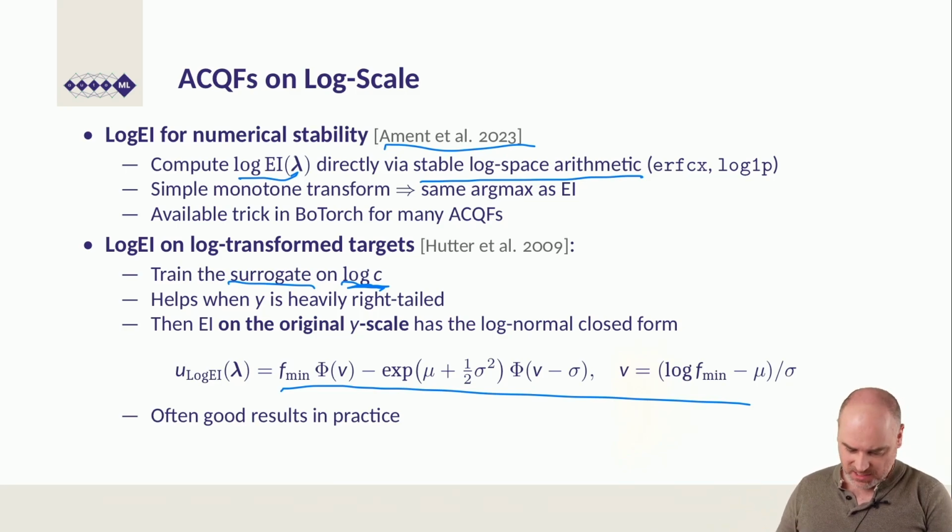You get, again, a nice closed form formula here, and you can optimize this instead of the normal EI formula that I've shown before. And that is usually a good idea. To my experience, this works quite well in practice, especially because you're repairing a problem in your surrogate model and not a numerical problem in your acquisition function.